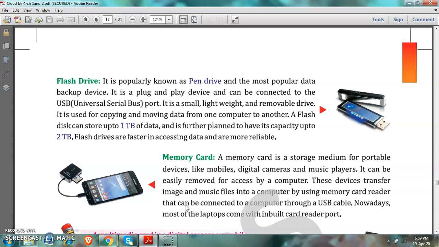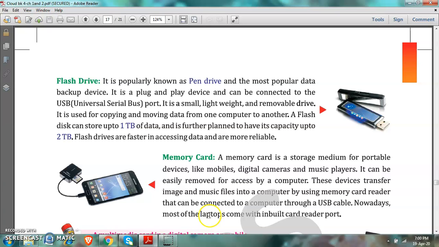Images and music files can be transferred from one computer to another by using the memory card reader. Children, it can be connected to a computer through a USB cable. You can see here the USB cable. And nowadays most laptops come with an inbuilt card reader port. So when laptops are purchased, these come with the laptops.